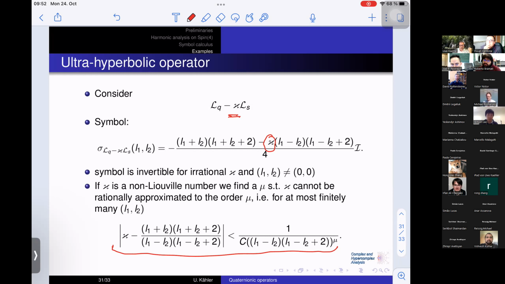Just for practical purposes, think on that part: typical Liouville numbers are irrational arctangents and so on. Non-Liouville numbers are actually algebraic numbers, for instance, square root of 2, square root of 3. They are basically algebraic roots, and that's a kind of funny thing, they are actually the farthest away from rational numbers as you can be.